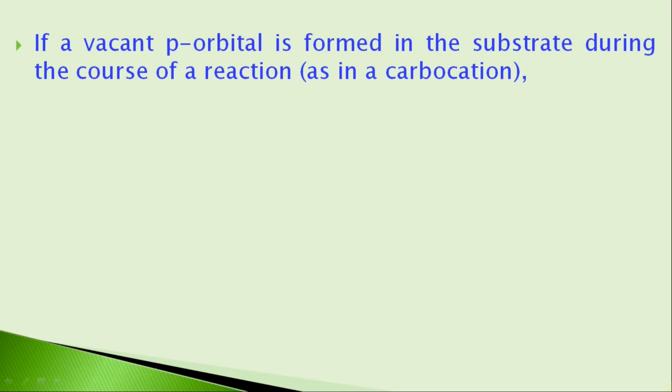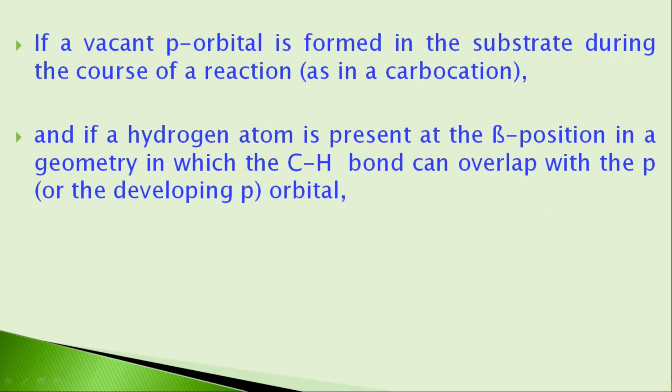It is also supported by the fact that a hydrogen atom is present at the beta position in a geometry in which the CH bond can overlap with the developing p orbital.